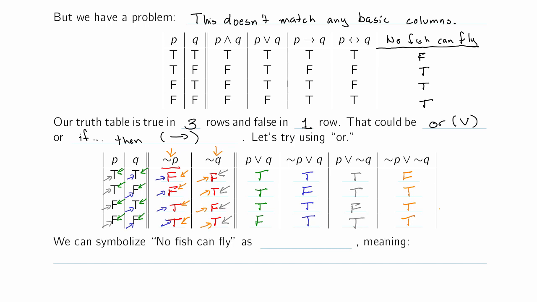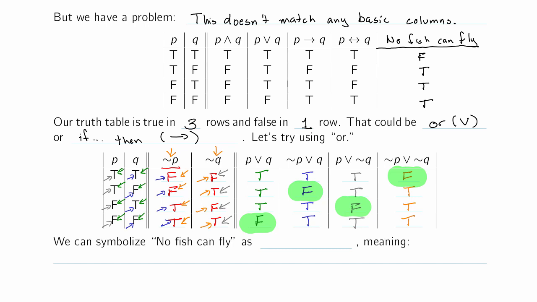Okay, so notice, by doing this, we got one column for each possible location of the false. We can get the false row to be wherever we want by playing around with the negations.